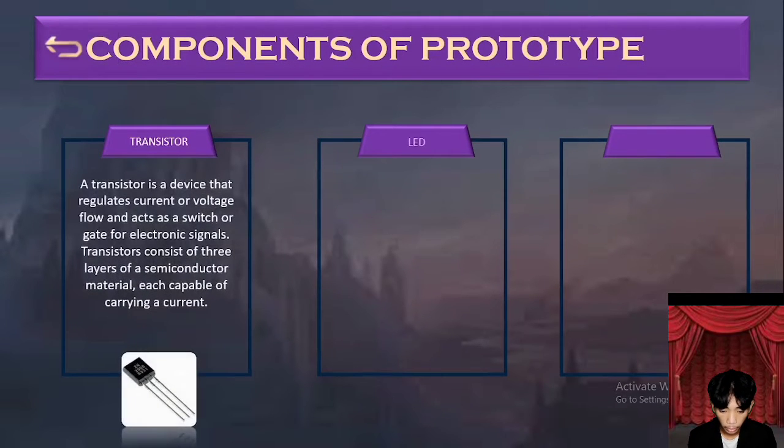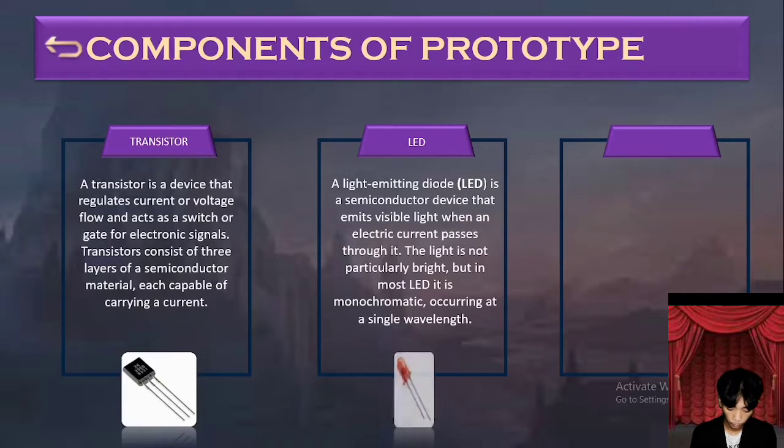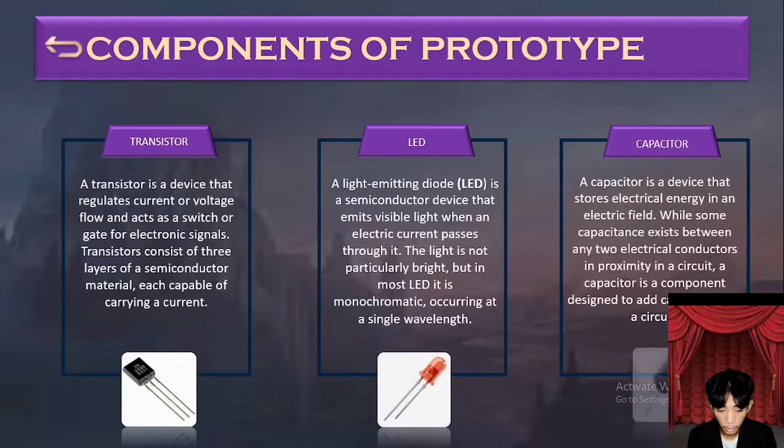In this prototype, the components are a transistor, LED, and capacitor. Let's define each one of them. A transistor is a device that regulates current or voltage flow and acts as a switch or gate for electronic signals.